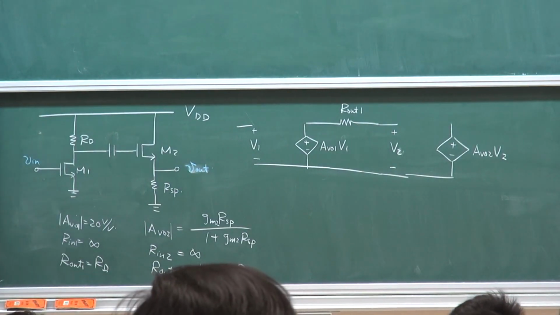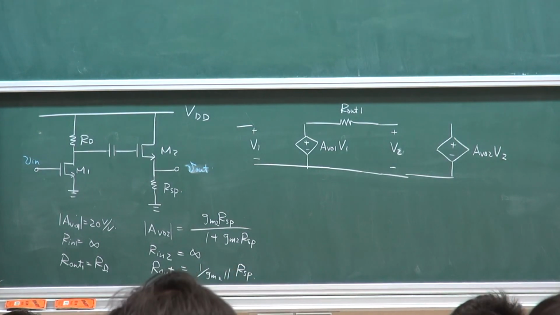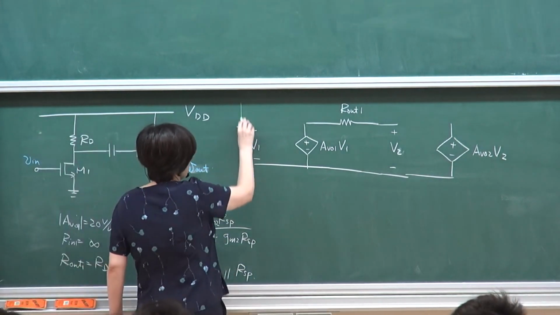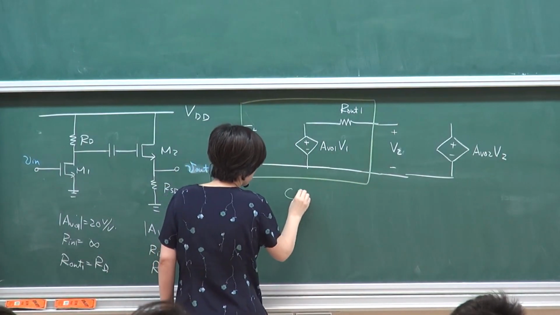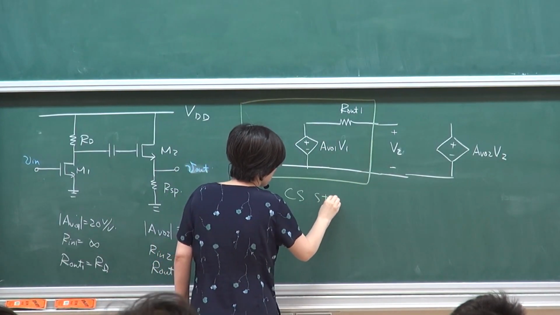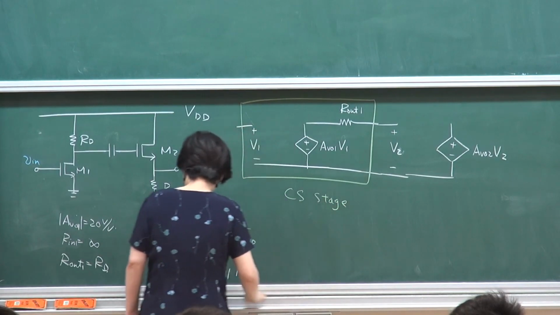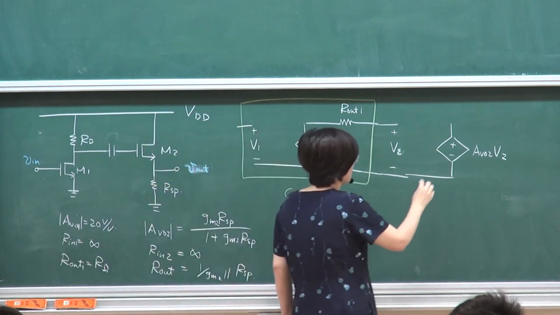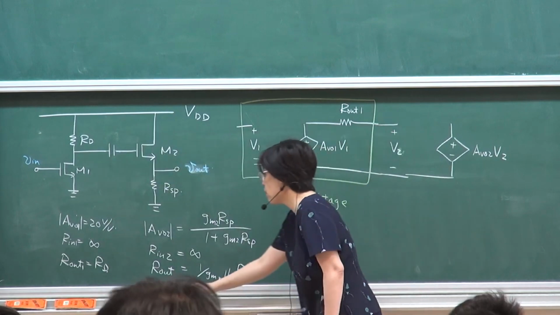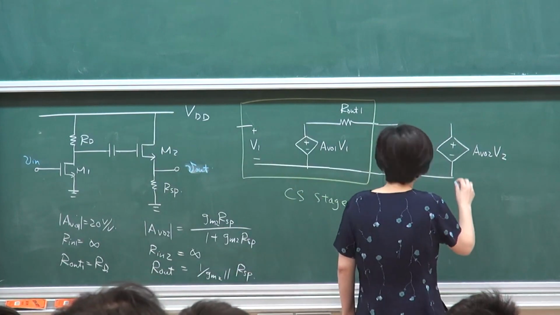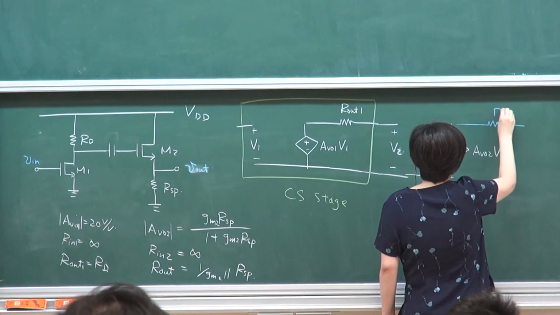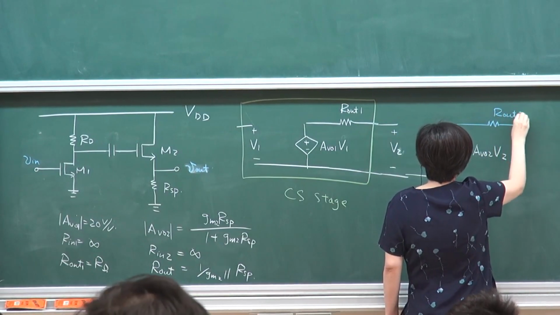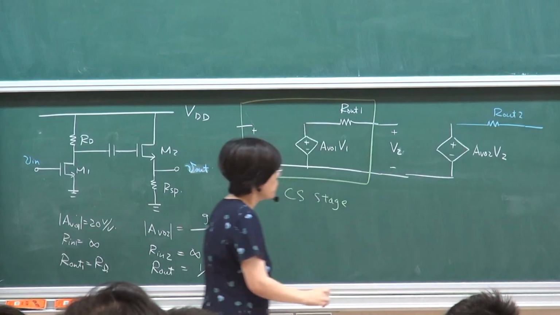Just to be clear, this is my first stage where RIN1 is infinite, the common source stage. And then on the right is the source follower stage.